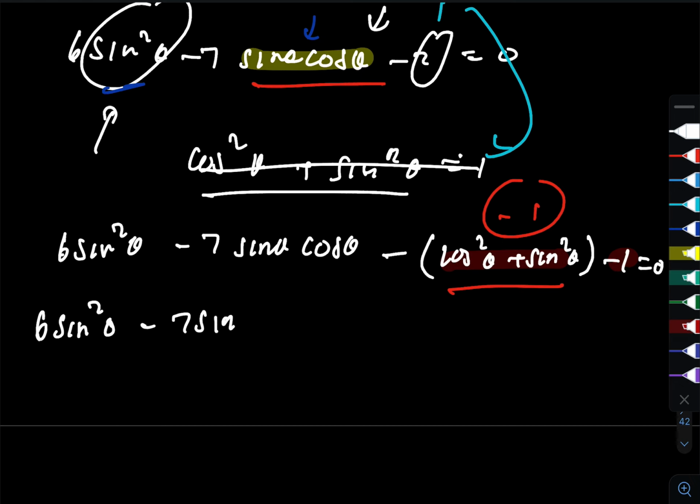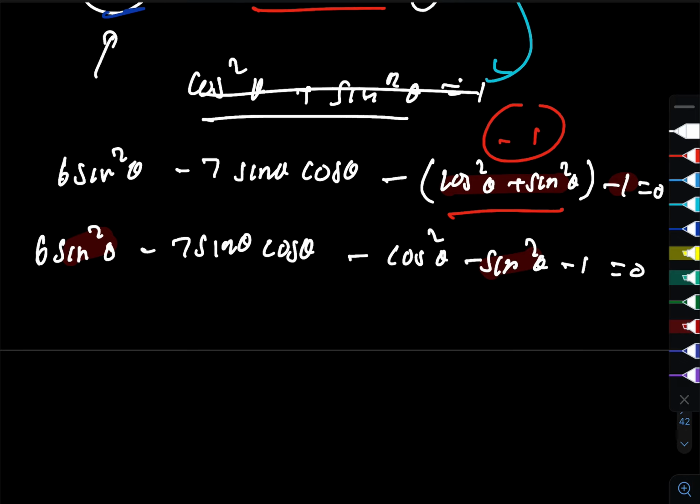So all I need to do is basically find the like terms here. So I'm going to make sure that I rewrite everything the same, and then the negative is the negative cosine squared theta and the negative sine squared theta, and then minus 1 equals 0. This already has a like term here. So that's going to be a 6 minus one of those.